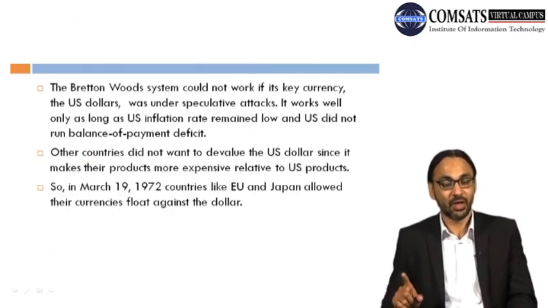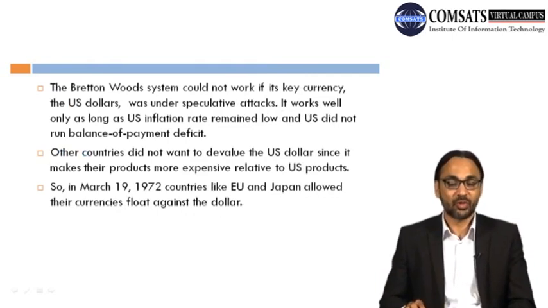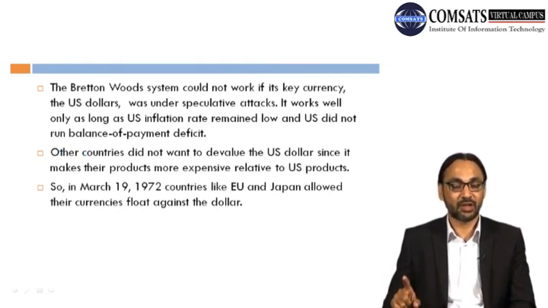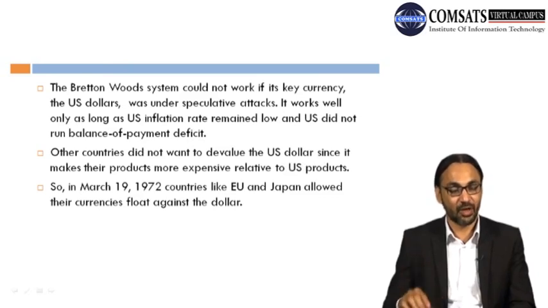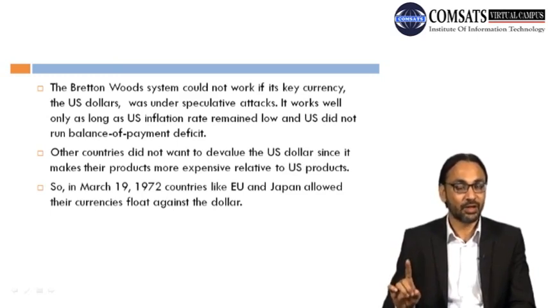The important thing is that the Bretton Woods system could not work if its key currency, the US dollar, which was the essence of this system, were under speculative attacks.